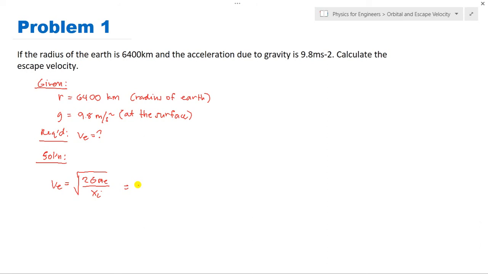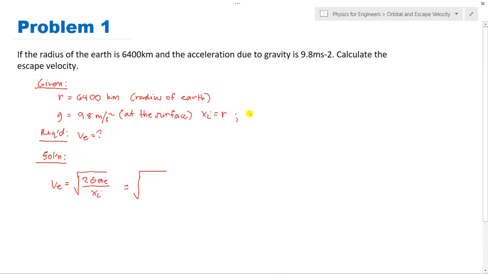Why? Because we are familiar with the value of gravity, which is equal to 9.8. So, therefore, we can say that here xi is equal to R.